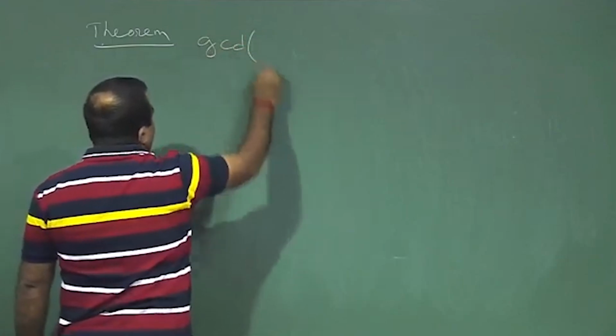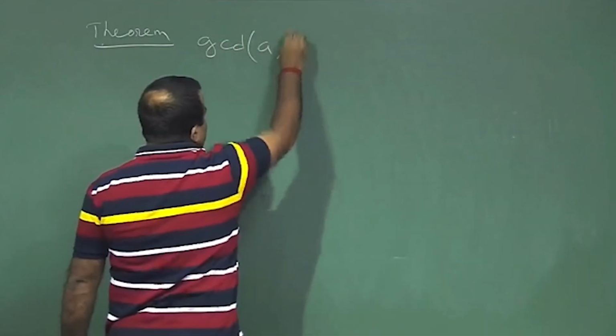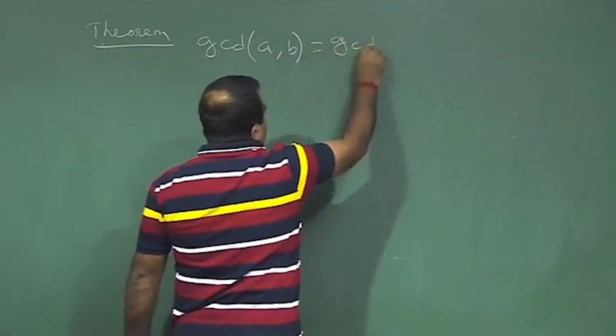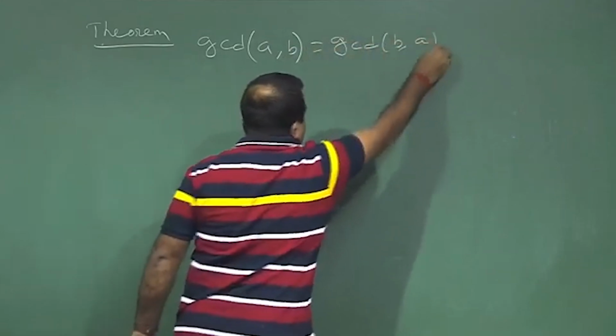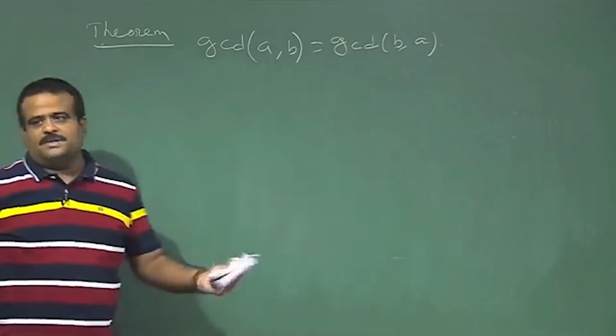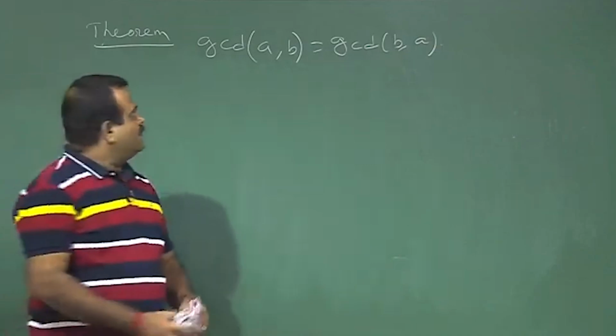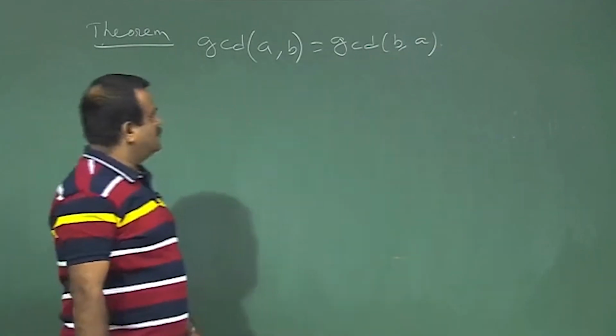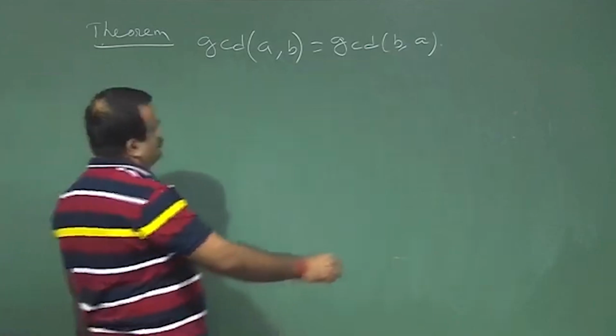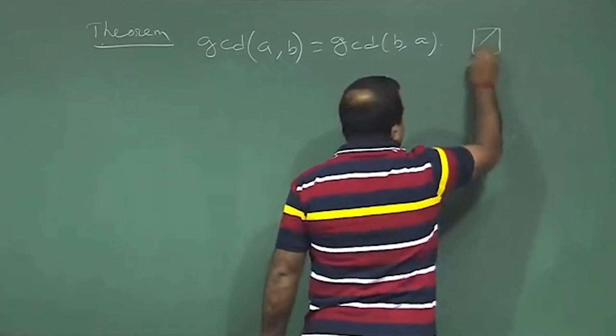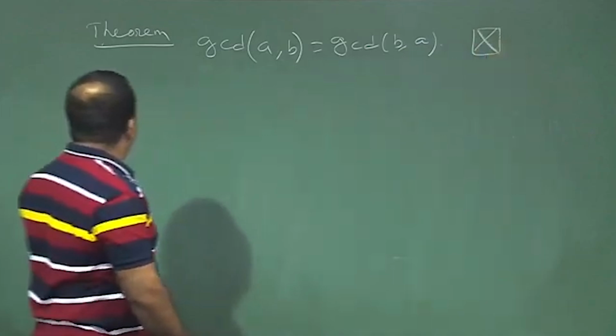So, GCD of A, B is basically the same as GCD of B, A. This is quite obvious, we are just changing the order, no need to go for the proof.